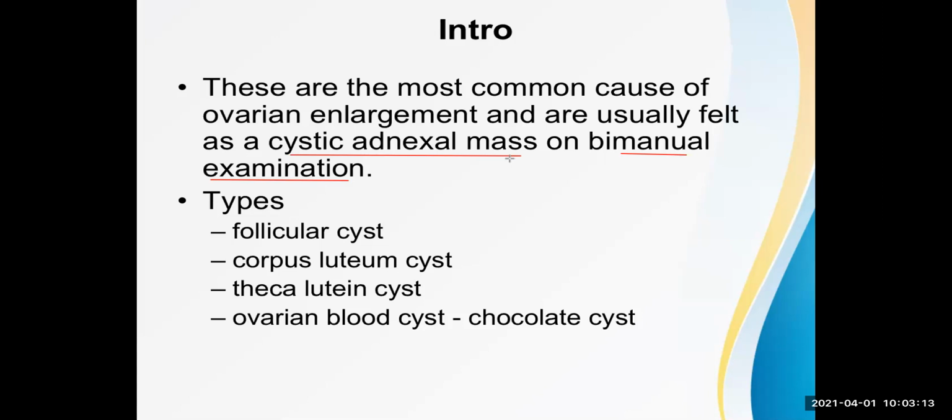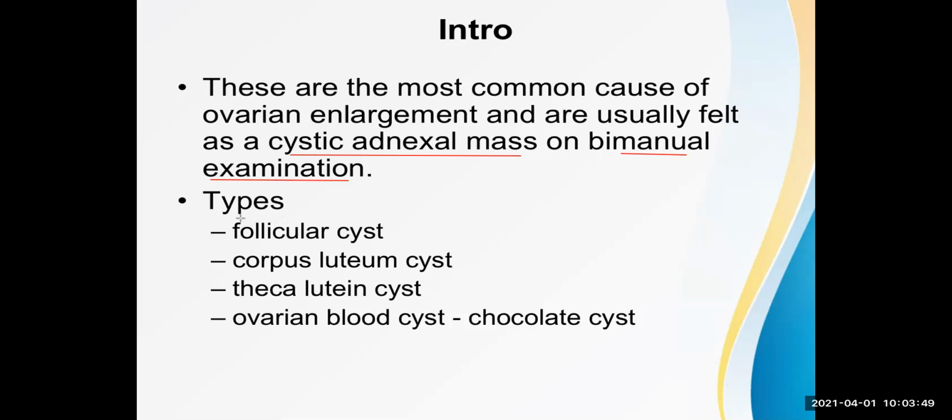Another hand is kept on the anterior abdominal wall, in the suprapubic area, and you gently press downwards, and with two hands you can feel the masses there. This is known as bimanual examination, and this is a very important type of examination done by gynecologists, and later on they will confirm by ultrasound and other investigations.